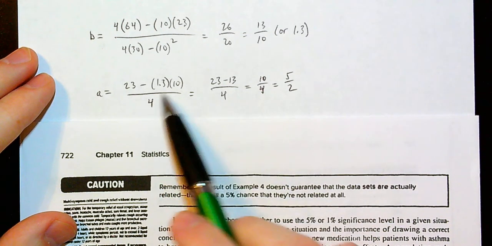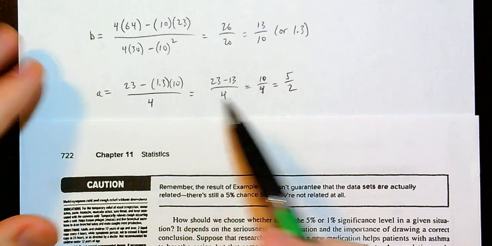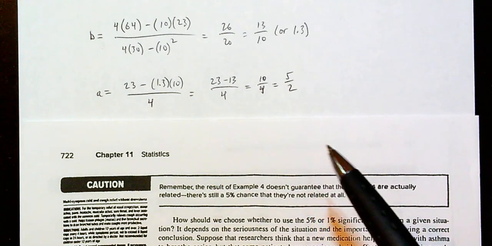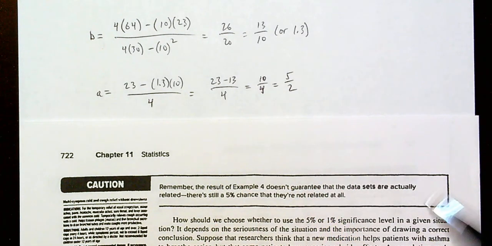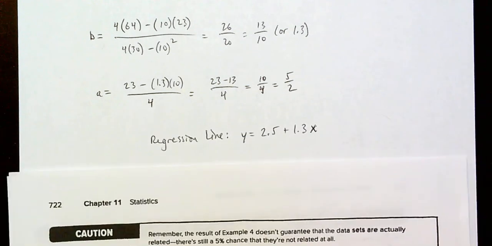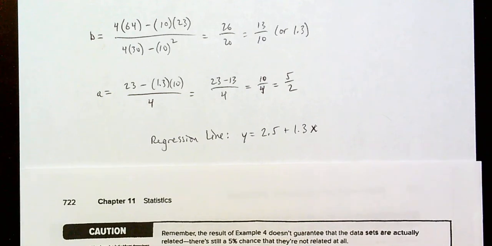So 1.3 times 10 is 13, 23 minus 13 is 10, and 10 over 4 is 5 halves. So we have our a and b values, and we write the equation for our regression line. 5 halves is 2.5, so our line is y equals 2.5 plus 1.3x. And this is the line of best fit for our given data points for this particular problem.